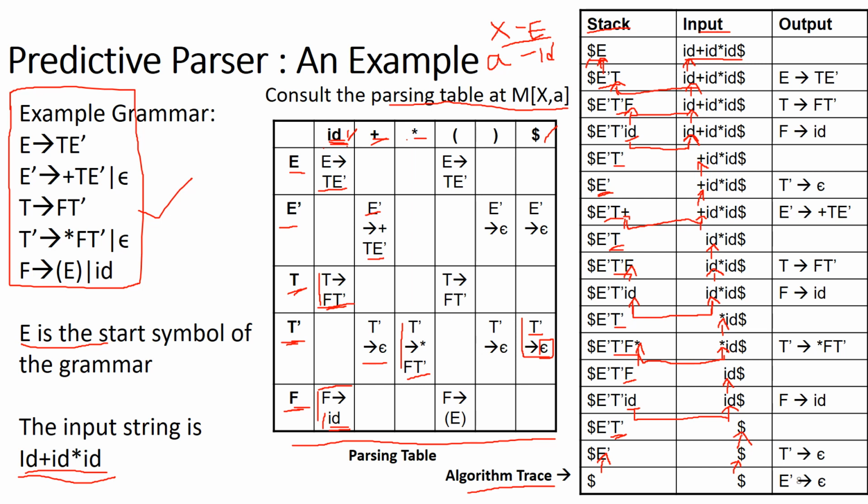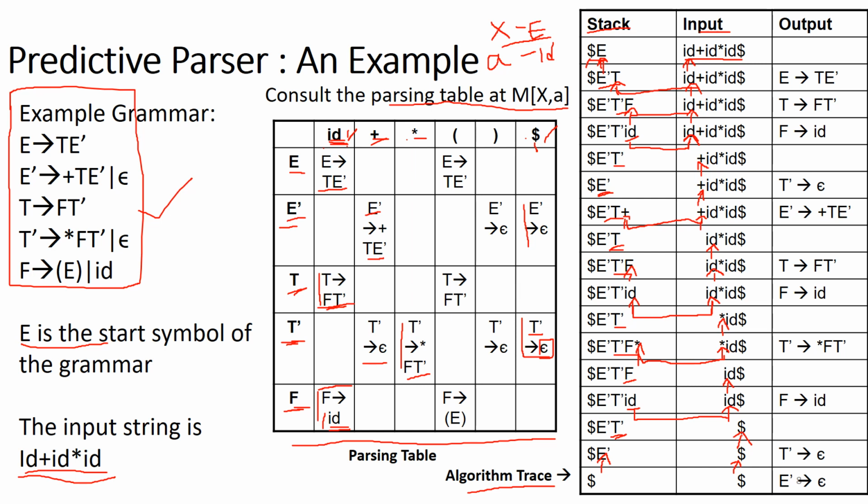So now E dash is the top of the stack and dollar is the current input symbol. Therefore the parsing procedure consults the parsing table again at the location E dash dollar. So at this location we again have a production which is E dash to epsilon.